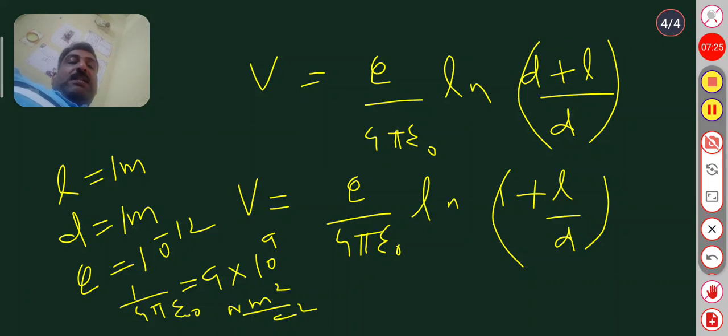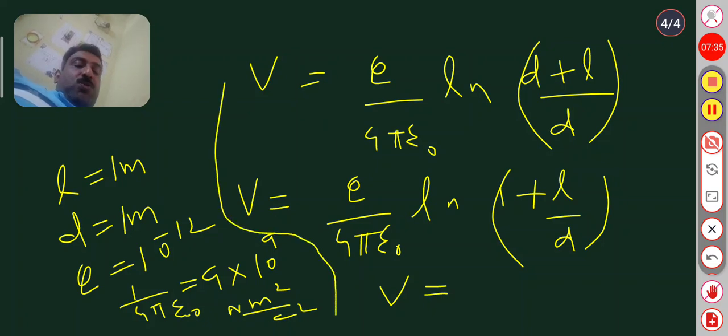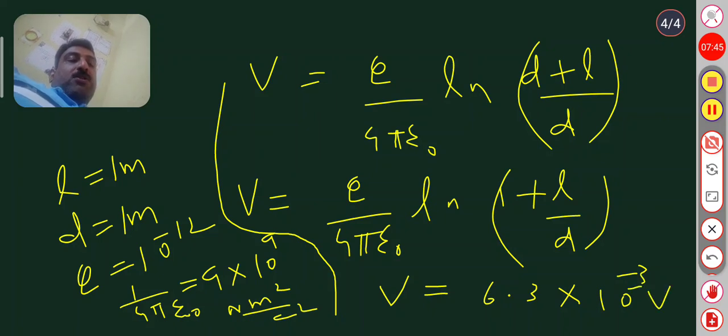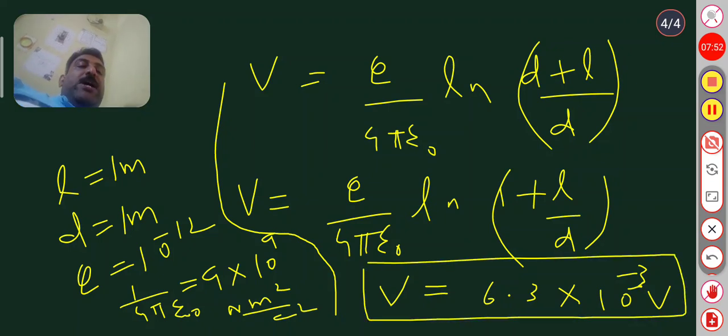When you substitute these values, you will get V as 6.3 into 10 to the power minus 3 volt. This is the potential due to this entire rod at point A.